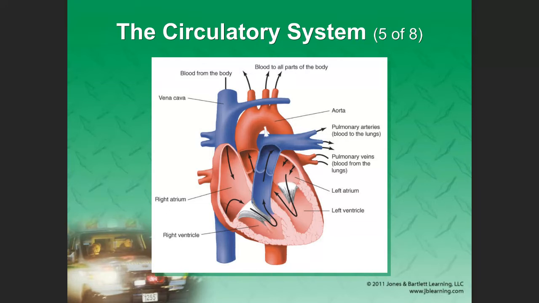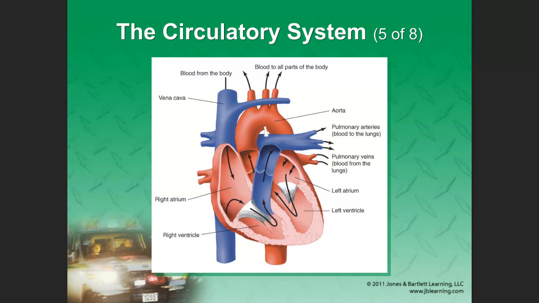The ascending aorta transports oxygenated blood to the upper portion of the body and the descending aorta transports oxygenated blood to the lower portion of the body. And that's basically how the blood flows through the heart, and it is a closed network.